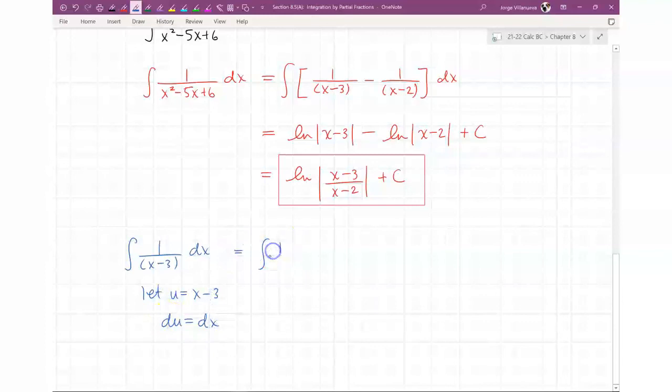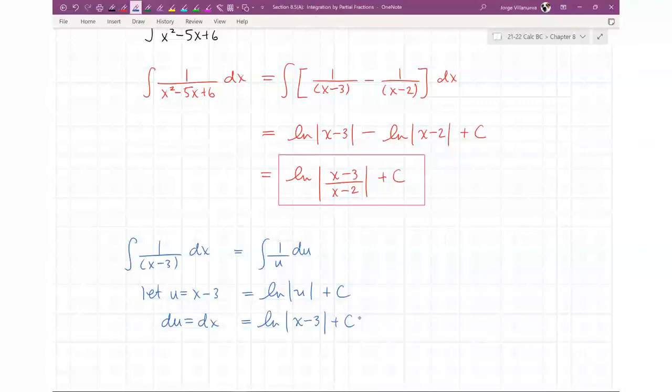So this will be the integral of 1 over u du, which is ln of absolute value of u plus c, which is ln of the absolute value of x minus 3 plus c. And the same thing occurs with the 1 over x minus 2. It's literally just change the 3 to a 2 and you'll get the same integration. There's no difference.